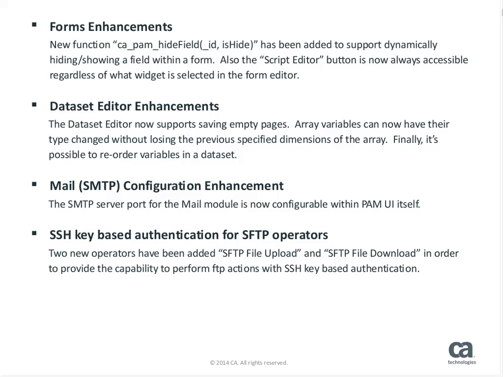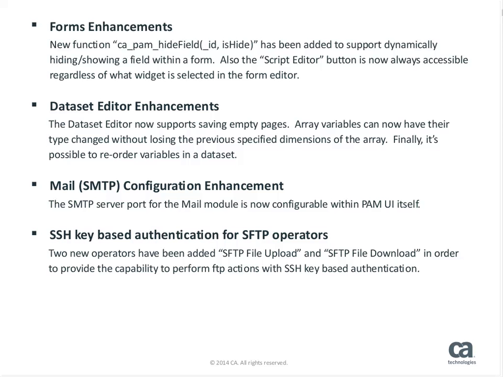Also, if you define arrays now and you realize instead of it being a string, you need to make that an int or vice versa, or some change like that. Previously, you would essentially lose the array altogether. You would lose all the dimensions of the array. We've now modified it so that it will at least retain the size.